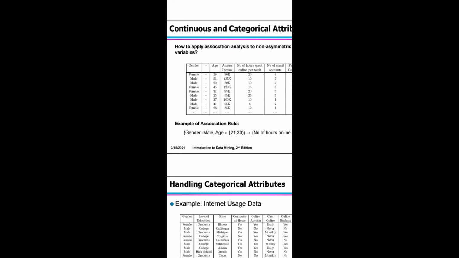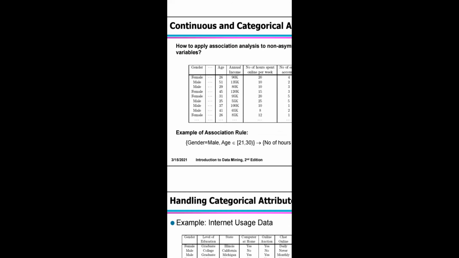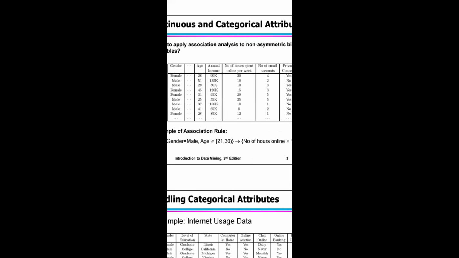This table represents internet survey data containing symmetric binary attributes such as gender, computer at home, chat online, shop online, privacy concerns, as well as nominal attributes such as level of education and state.